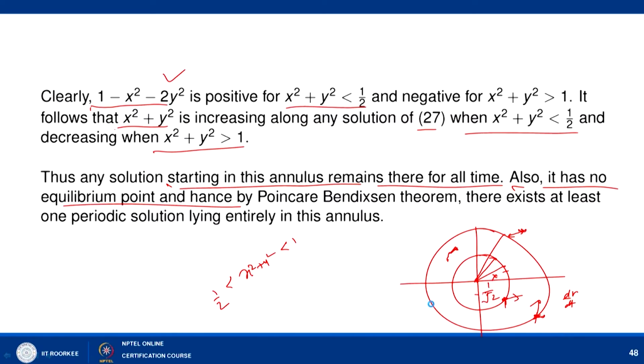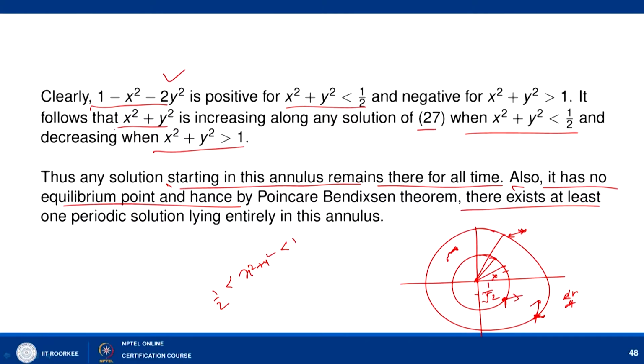So, this annulus region does not contain the equilibrium point 0 comma 0, and hence there must exist a closed orbit onto which all the other solutions are spiraling.